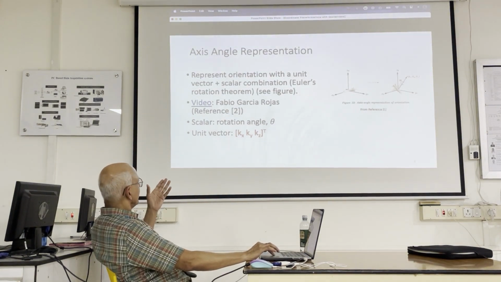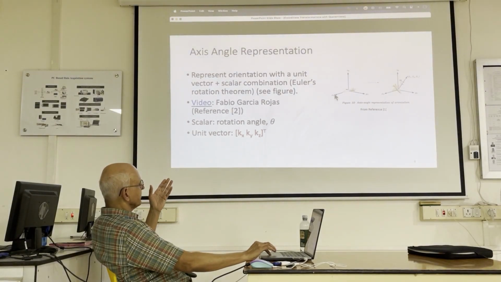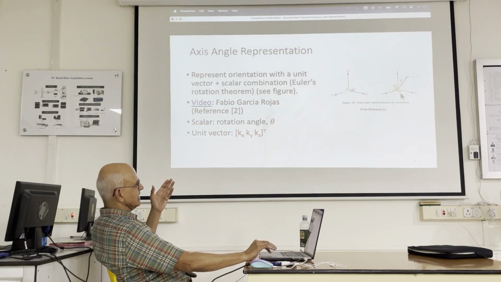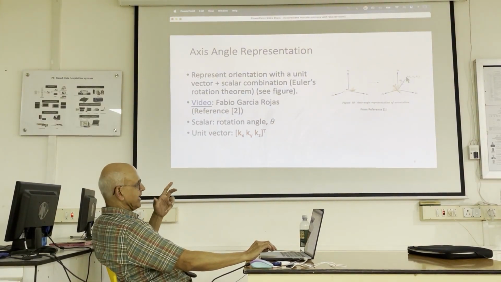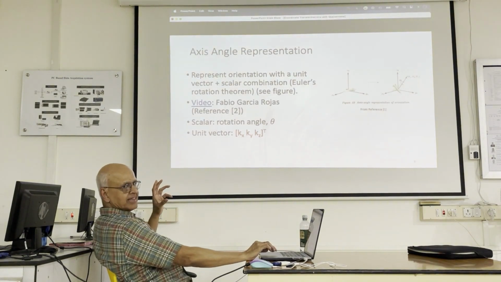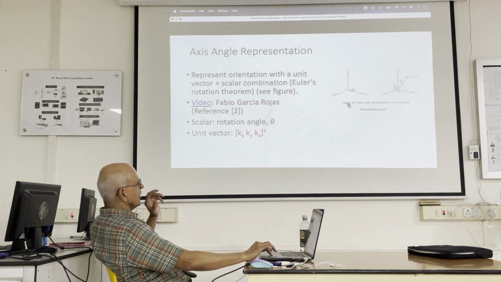So Euler showed through his rotation theorem that if you have a plane like this and you want it to end up in this position, there is one axis that you can find. There's a way of finding it. It's not three consecutive rotations as in Euler angles. He found out that if that has to become this, there is one axis and one angle.